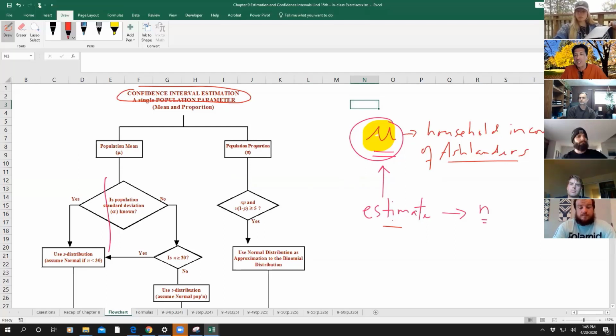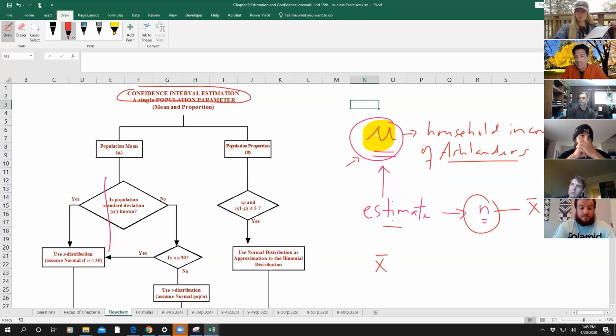of Ashlanders. If this information is not available or is obsolete, then we can rely on sampling, where from a sample we compute X bar. Okay, X bar is a point estimate.